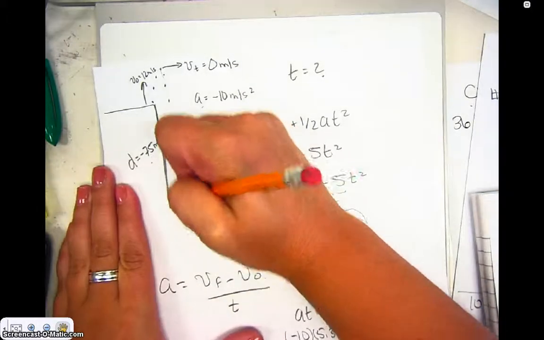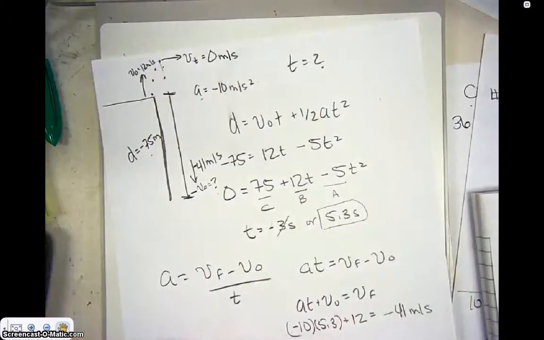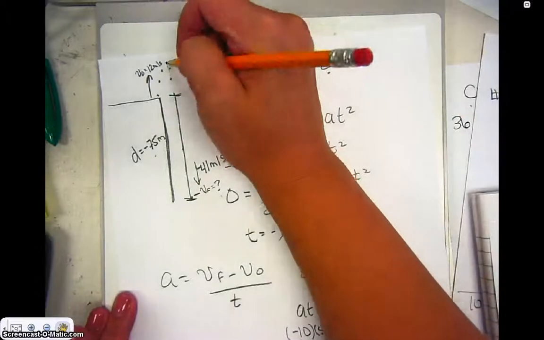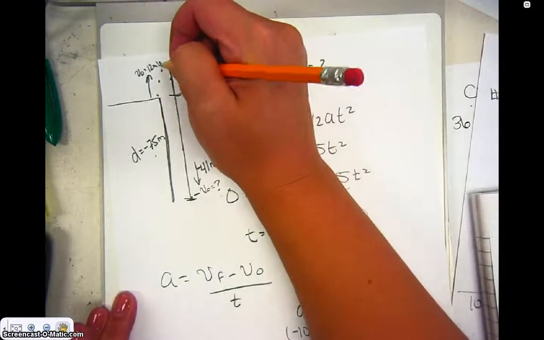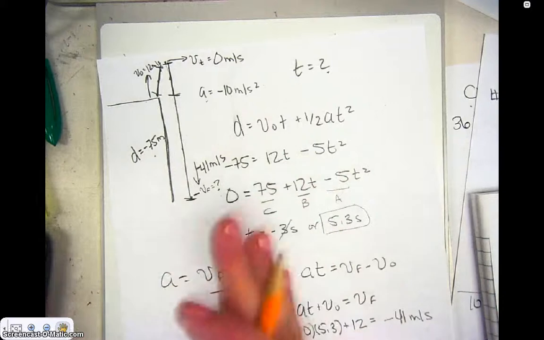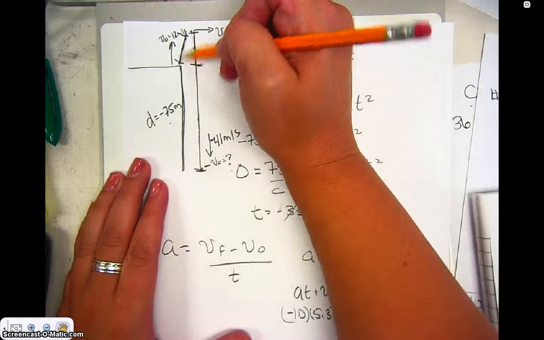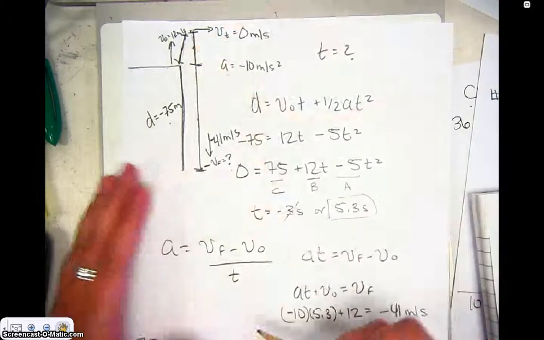So we know this is 75 meters. We know that this height and this height, and we're just ignoring the angle, are equal to each other, so all we really need to do is find out this height, and then we have this height.